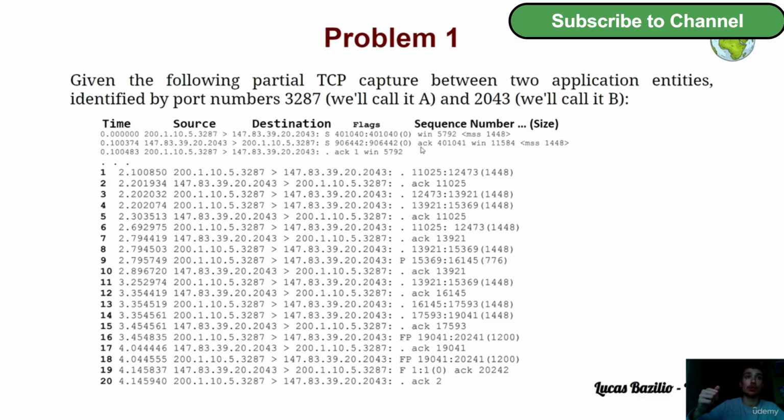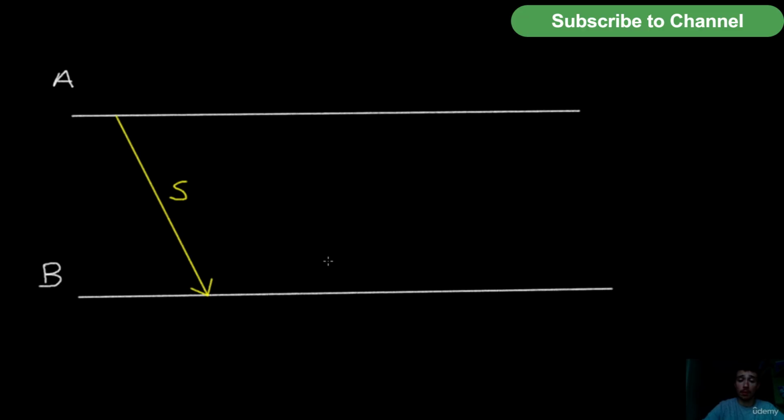The acknowledge is to confirm to the application A, the client, that it can send information to the application B, to the server. But we also want to be able to send information from the server to the client. That's why we also need to send the synchronization flag. And this is the second packet that we send in here. From the server, application B, we send the acknowledge, and also the synchronization, both.